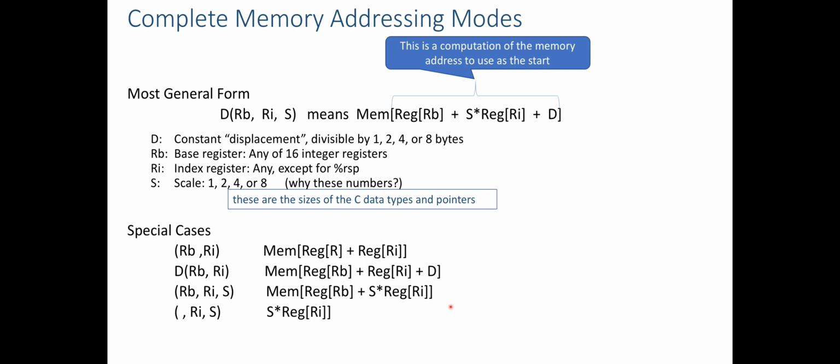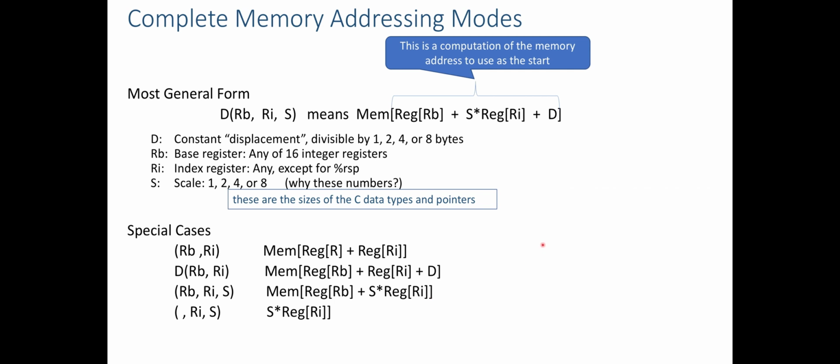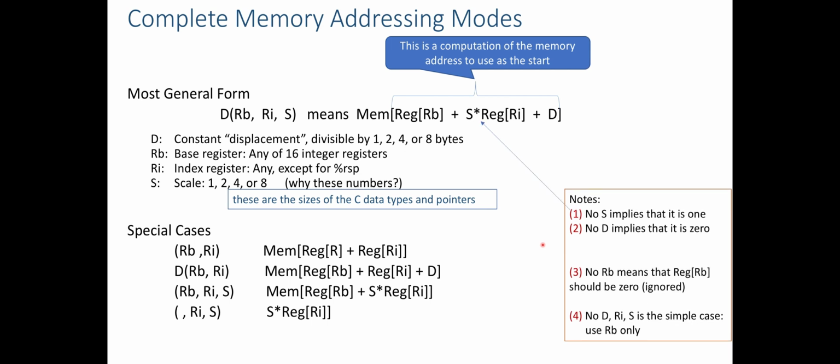The idea here is that we might not have an S, and if we don't have an S, that implies that it is 1. And so we could have an RI but not an S. We also could have no D here, and that would imply that it's 0. We'll just add 0, or not add anything at all, if there's no D.